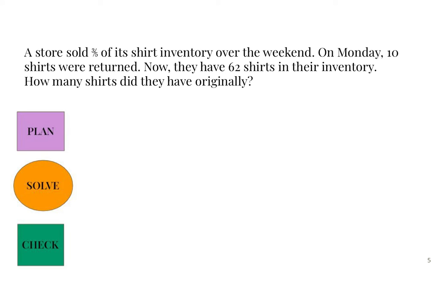So a store sold 3/5 of its shirt inventory over the weekend. On Monday, 10 shirts were returned. So now the inventory has increased because they have more shirts. They have 62 shirts in their inventory. How many shirts did they have originally? Here you have to stop and think a little bit, because even though the store sold 3/5 of its shirt inventory, we actually want to know how much they have in their possession.